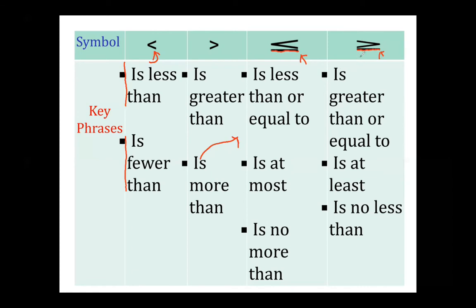For greater than or equal to, you'll have greater than or equal to. You'll also have is at least or is no less than. So when you have a value that is greater than or equal to another value, it can be at least that value or no less than that value.